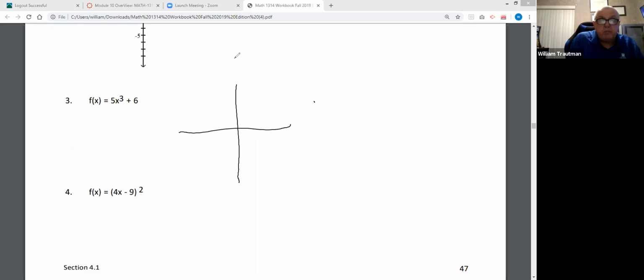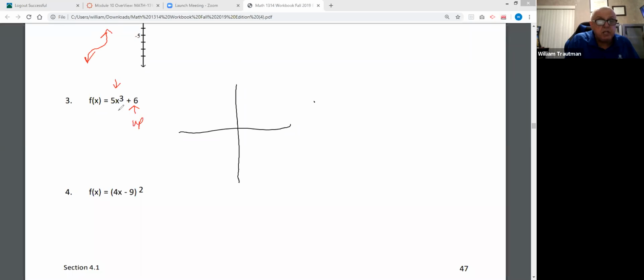And if you remember, x cubed graphs look like this. Without any other x's, an x cubed graph looks like that.